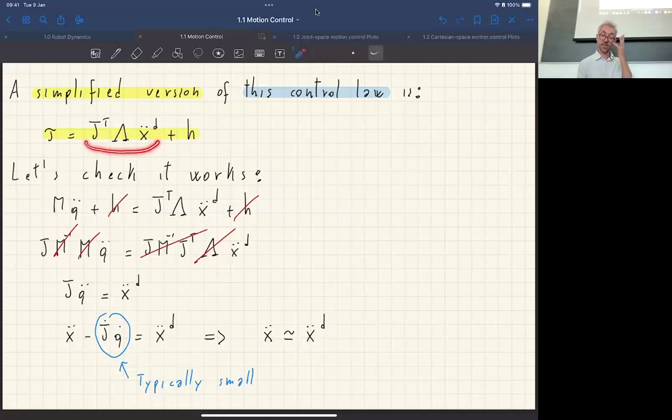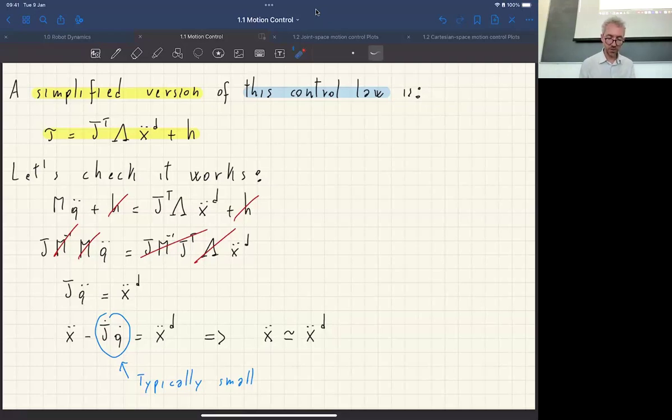This term is exactly the same that we had before, but you can replace the second part of the controller, which was that very long expression, with simply a compensation of all the nonlinear effects of the joint space dynamics. So simply H.